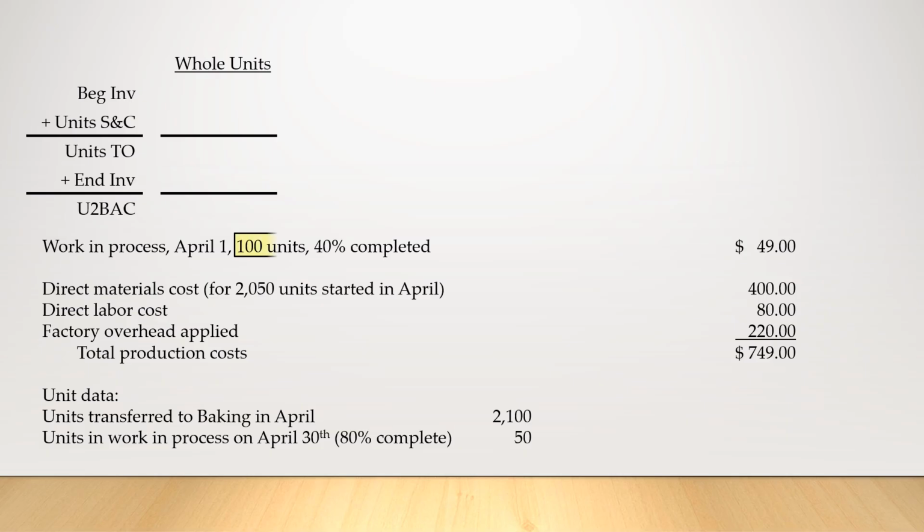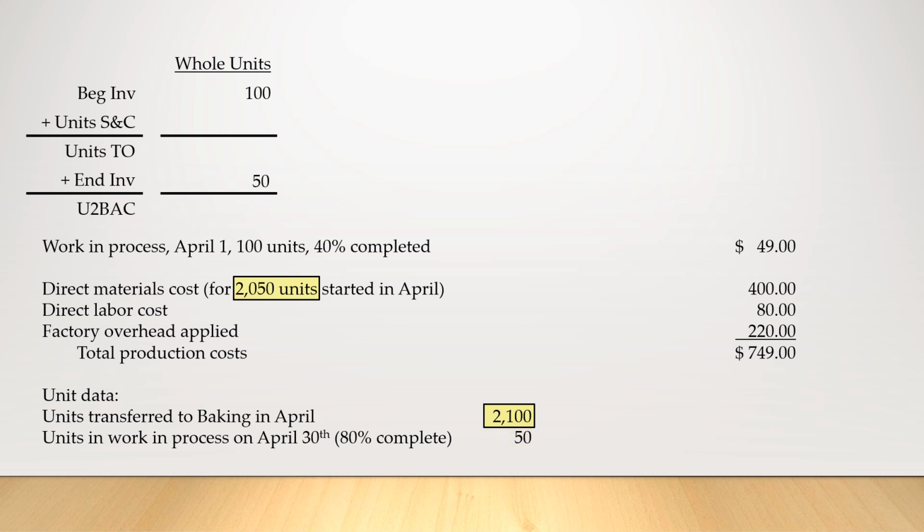Inventory on April 1st is 100 units. That's our beginning inventory. We have our units started, 2,050 units, units transferred, 2,100 units, and work in process on April 30th, 50 units. That last one is obviously our ending inventory.